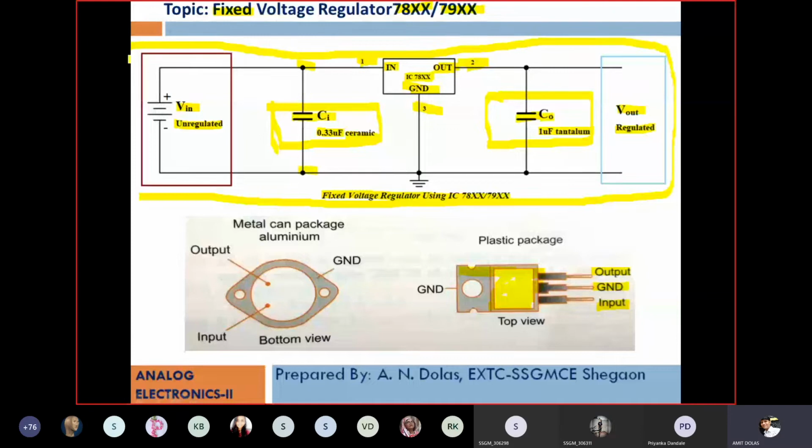Again, there is no formula to generate output. Directly use the IC, put it into the circuit as shown in the circuit diagram, and get the fixed regulated output voltage. So there is no output formula for design. Whatever the recommendations from the manufacturer are, you have to follow them as they are. Of course, it is mentioned in the characteristics and the circuit diagram.